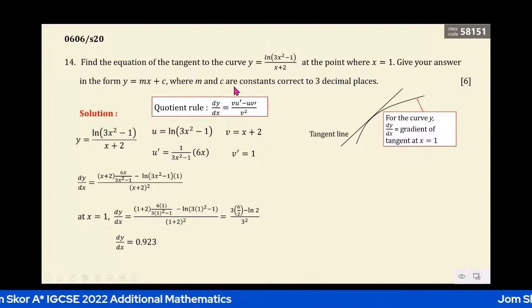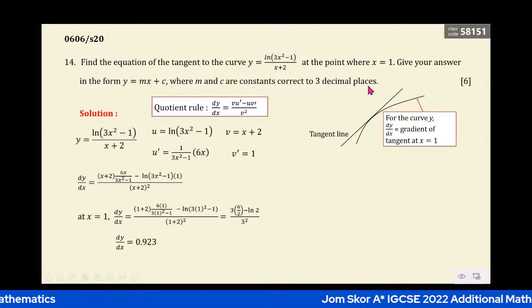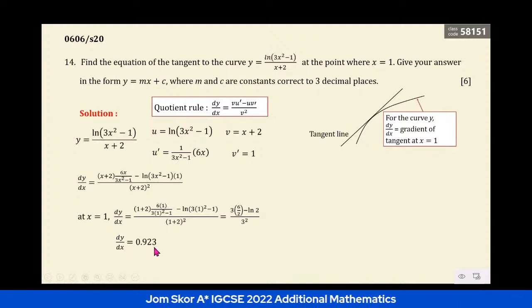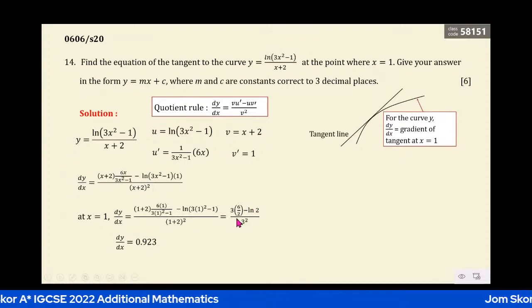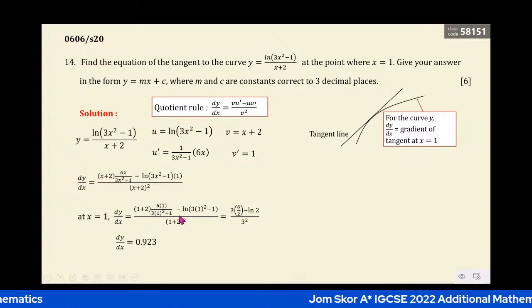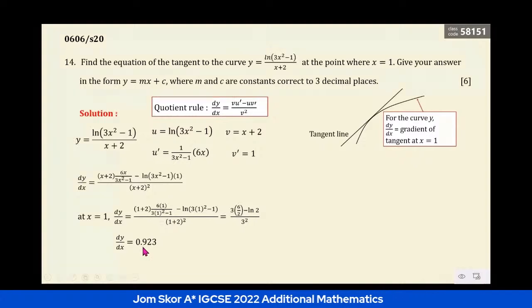Remember, you want to come out with the equation correct to 3 decimal places. So your dy dx is 0.923. If you don't want to simplify to this stage, you take your calculator and key in all the values here, and you will get the answer straight away.